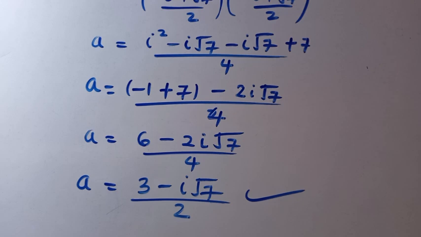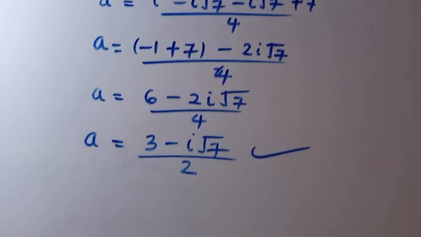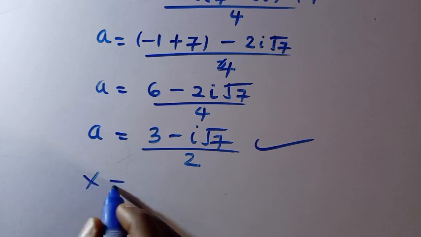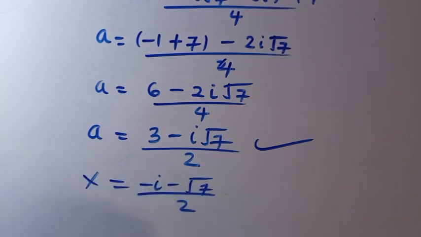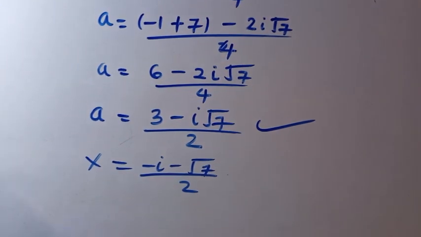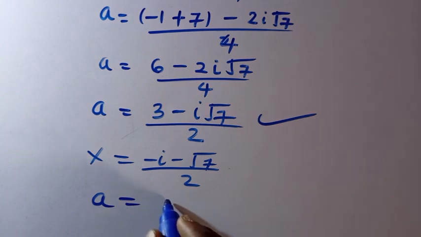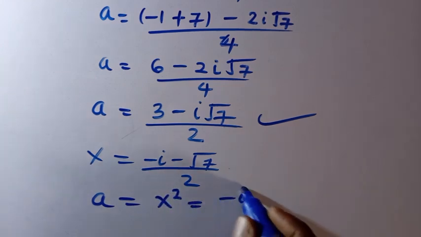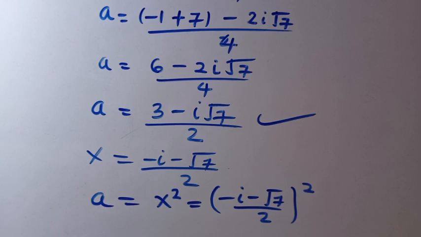And we consider the second part, which is when x equals minus i minus root 7 divided by 2. So we have to square this. By squaring this one, we have a equals x squared, and this equals minus i minus root 7 over 2, all squared.